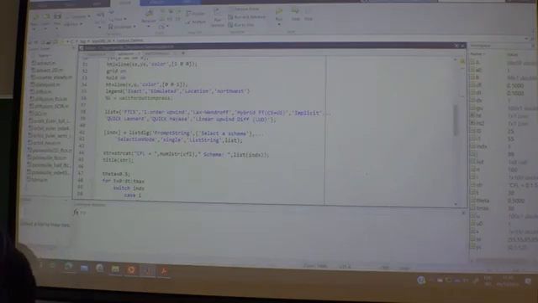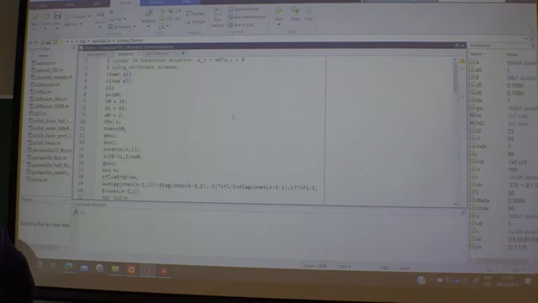Let us have a look at a problem, a very, very famous problem. We have an advection equation.